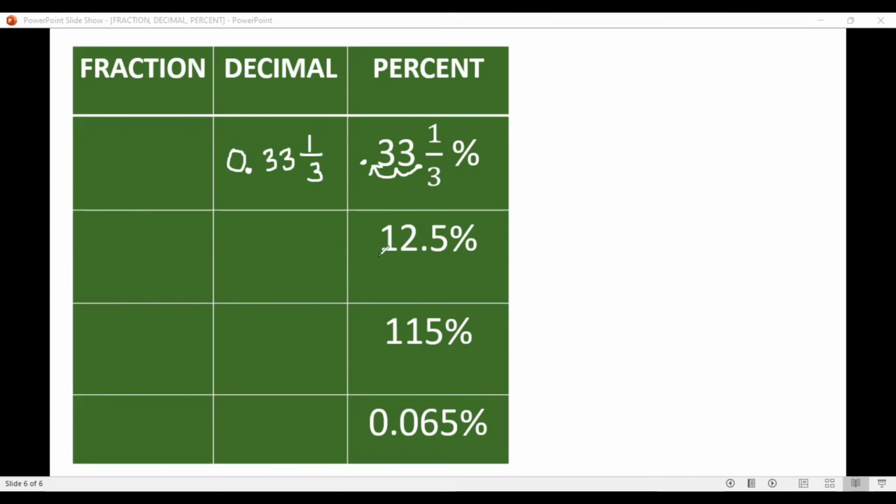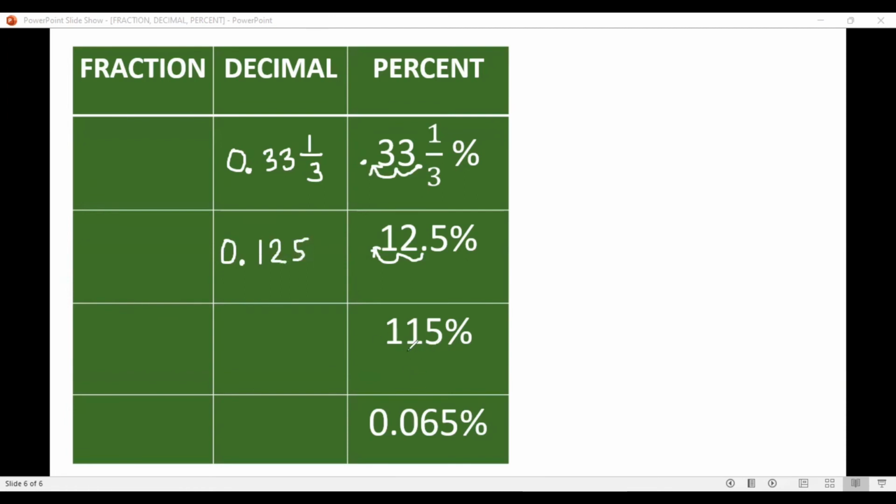Okay. And then, of course, your 12.5%, what do we have? Again, you have to move the decimal point 2 places. And then, since you don't have any number left here, you just write 0 to show that the whole number is 0. So, we have now 0.125.